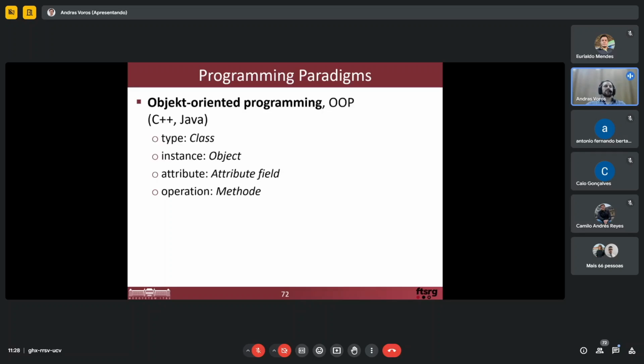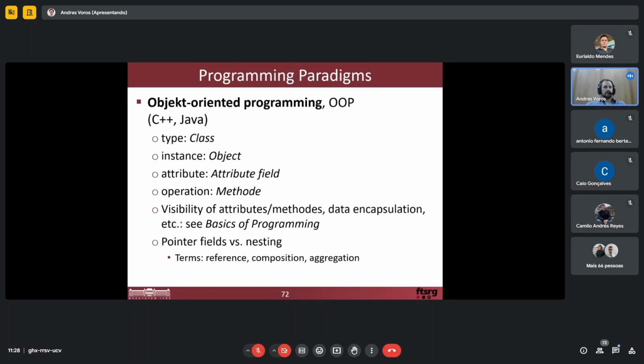Or you can use object-oriented programming, where the type is a class and the instance will be the object, the attribute will be an attribute field, and the operation actually will be a method. So you can also set visibility of attributes and methods, so you can further refine the kind of type information that we have seen before.